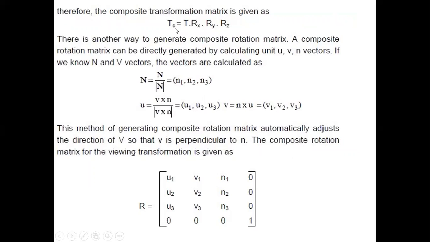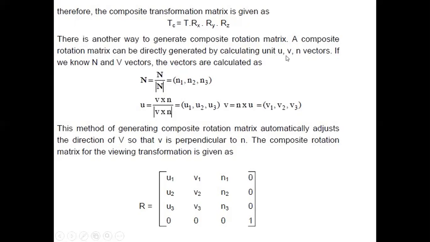I can also write it as Tc is equal to translation into rotation along x-axis, rotation along y-axis, rotation along z-axis, right? So there is another way to generate the composite rotation matrix.